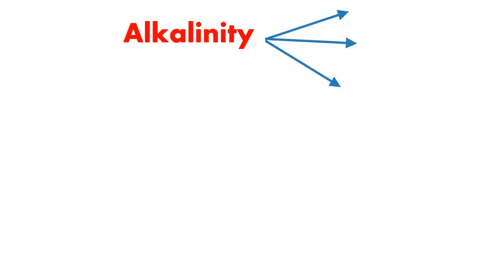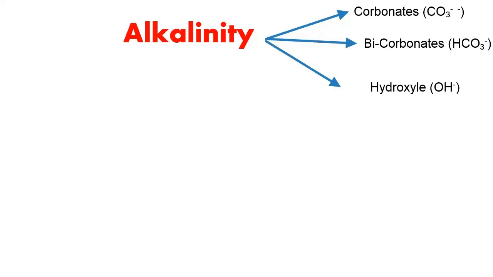Understood? Now we will understand one more phenomenon which is discussed in the second module, that is alkalinity. We'll go back and come here. Alkalinity is always because of 3 parameters: carbonates, bicarbonates and hydroxyl, that is, HCO3 minus, CO3 minus minus and OH minus. Because of these 3 compounds, which mix with some other compounds, there will be alkalinity in the water.